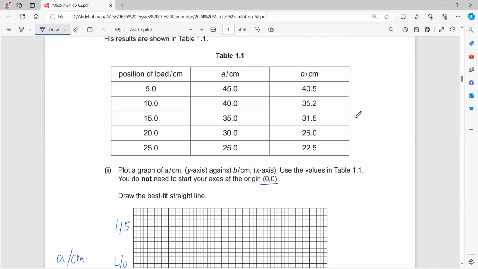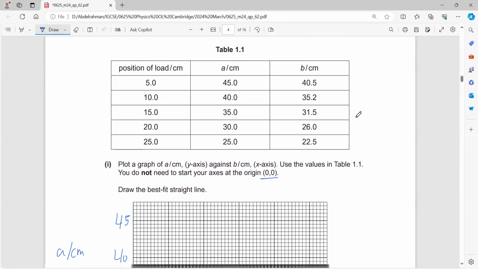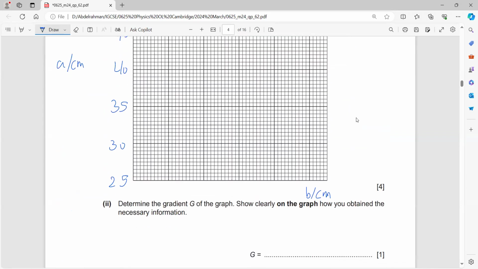The values of B are 40.5, 35.2, 31.5, 26, and 22.5. So probably we will need to start from 20. Moving up by fives, 25, 30, 35, 40, and last but not least, 45. B slash centimeters.